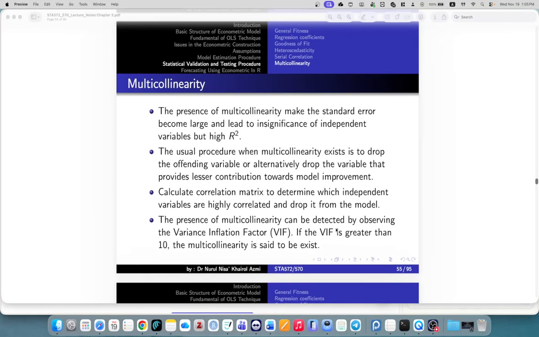One way to solve this multicollinearity problem is by dropping the variables that contribute to a high VIF value. So how to detect multicollinearity?